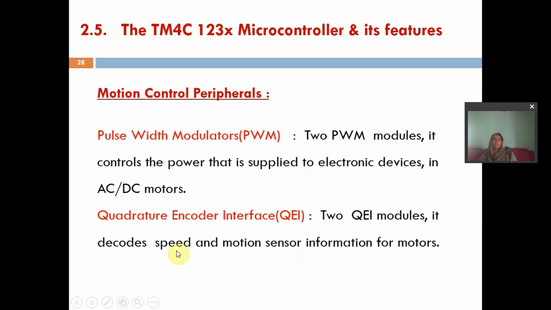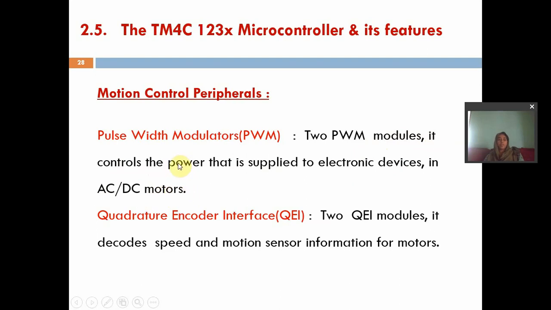These are the 2 motion control peripherals. Pulse width modulation, 2 PWM modules. These PWM modules control the power that is supplied to electronic devices in AC or DC motors. In embedded systems we use different types of motors.